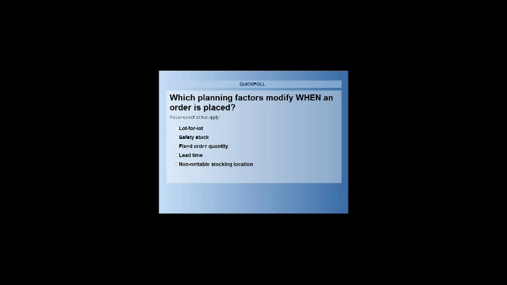Okay, people are starting to vote. I'm going to keep this going for another about 30 seconds or so. Okay, 5 more seconds, make your choice, and then I'm going to close the poll.